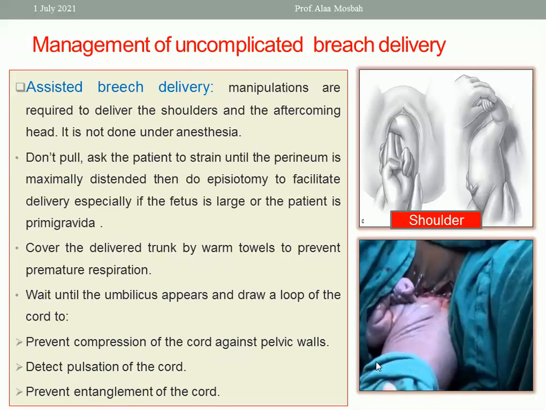When the umbilicus is outside, draw a loop of cord to prevent compression of the cord against the pelvic wall. Detect pulsation of the cord. Prevent entanglement of the cord.